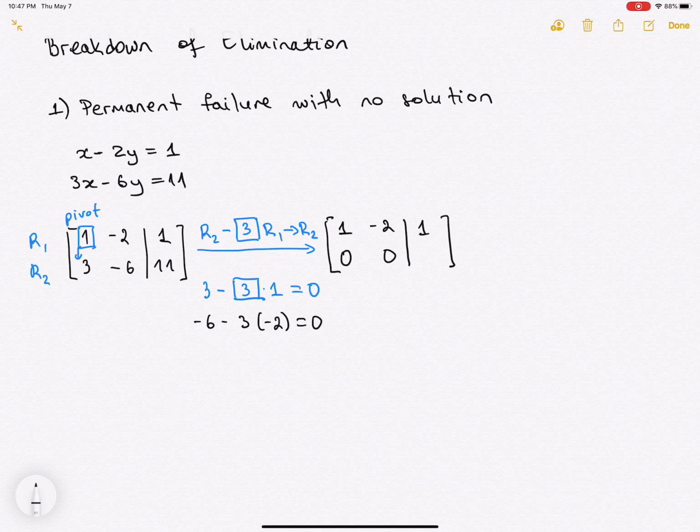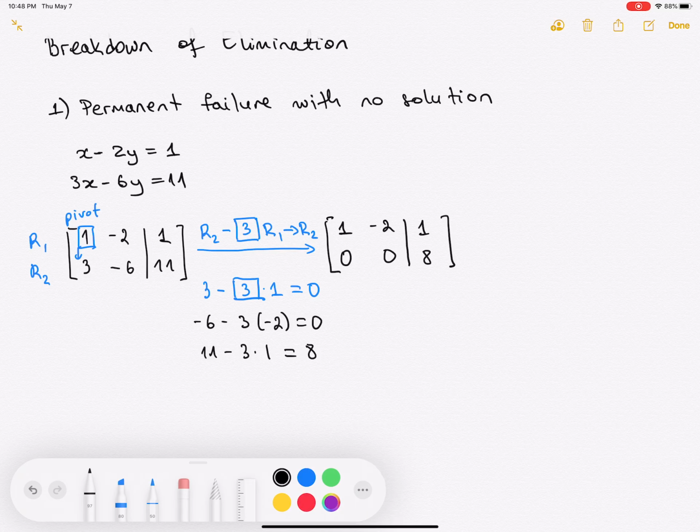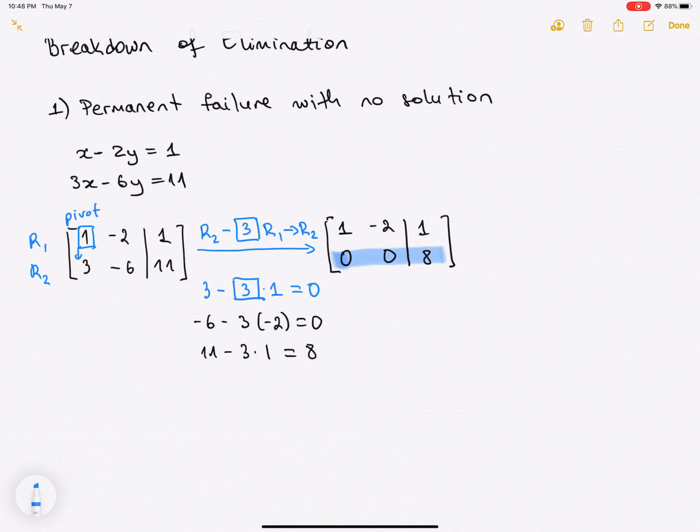And then we have 11 minus 3 times 1, and that's an 8. And this is a big problem over here in this row. Why is it a problem? Because if we try to write an equation from here, this would be 0 times x plus 0 times y equals 8, which is impossible.